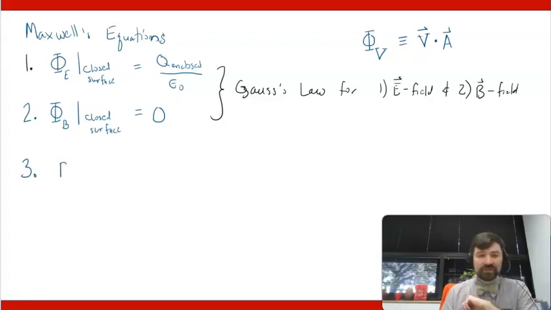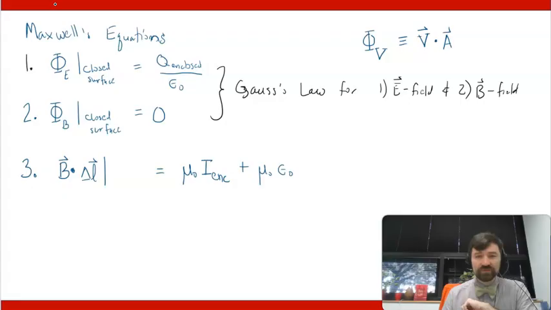That's the one that says that B dot delta L around a closed loop is equal to this permeability constant mu naught multiplied by the carrier current that's enclosed by the surface bounded by the loop, plus again mu naught times the displacement current, which is epsilon naught times the rate change of the E field flux, so delta phi E over delta t. And again, this is for a closed loop.